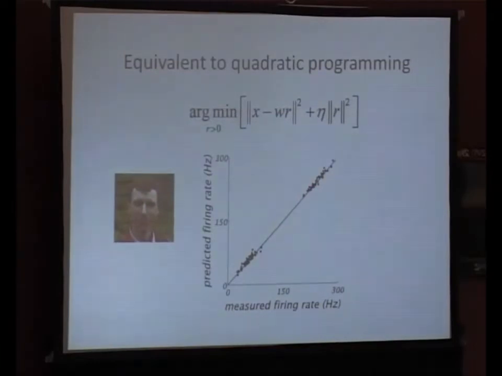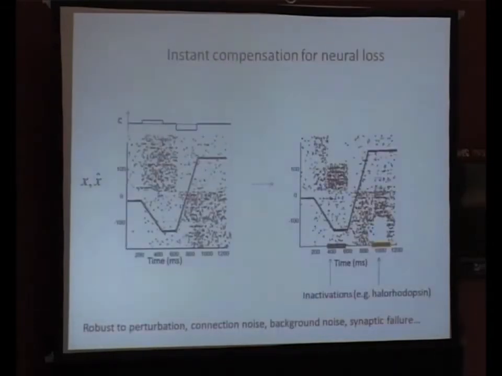So this simple integrate-and-fire network solves a problem which is actually quite hard and nonlinear, of finding the optimal distribution of weights minimizing this error, knowing that the firing rates have to be positive, which normally makes it difficult for an informatician. Anyway, okay. I'm not going to show you that in any detail, but if you do inactivation in those networks, for example, here we implemented this integrator network, which represents eye position, and we inactivated part of the neurons, you find exactly the changes that Christian described, right?